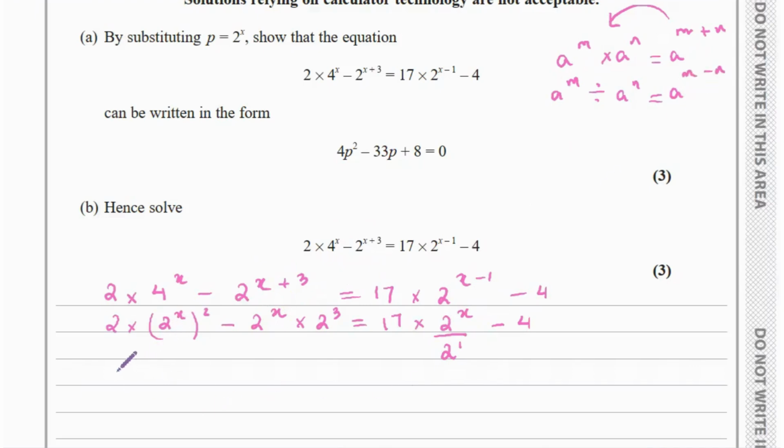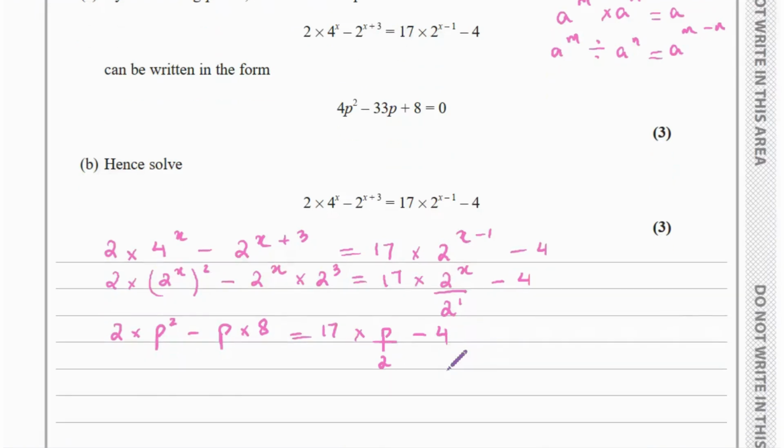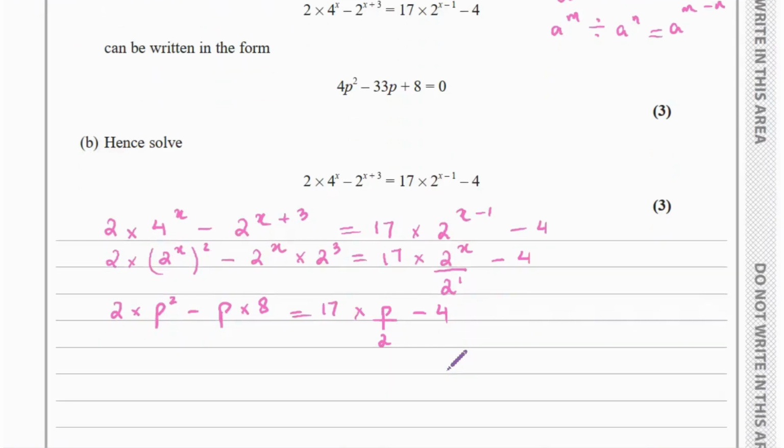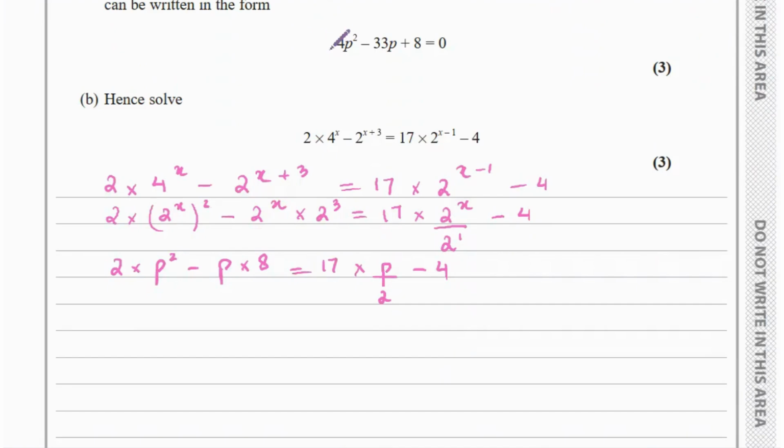So replace 2 to the power of x with p. 2 cubed is 8. p over 2, and we have minus 4. Now that we have p in the equation and 2 to the power of x is gone, we're going to simplify this and convert it into the given form. 2p squared minus 8p equals 17p over 2 minus 4.